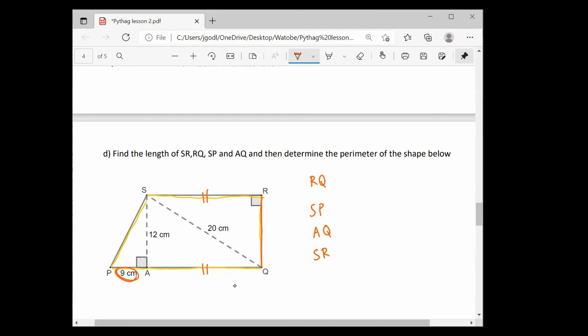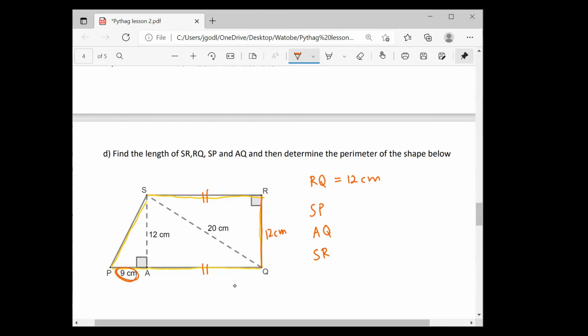Okay, so I'm going to slowly talk you through some of this. The reason I said RQ was our easiest one is because it's a rectangle. It's the same as this. So we actually already know that that's 12 centimeters. We don't have to work anything out for it. So we can just say RQ is equal to 12 centimeters.